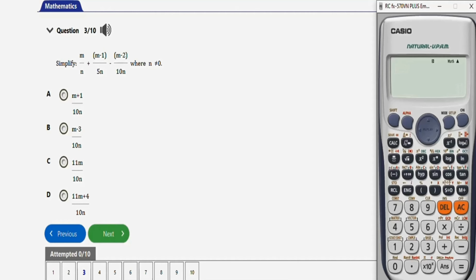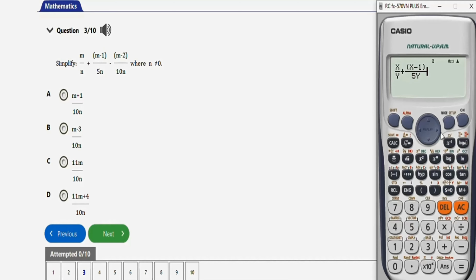So now let's evaluate this algebraic fraction. So our m is our x, alpha x, over y. Our n is our y. Okay, we have plus a fraction again in brackets x minus 1, close the brackets, over 5, our n is y.